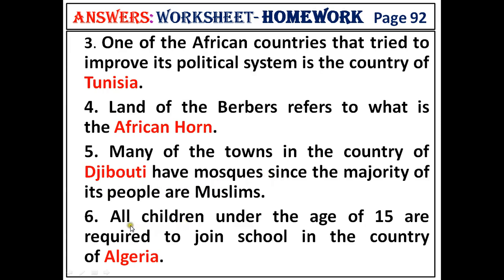This is the answer. The next is: all children under the age of 15 are required to join school in the country of Algeria. This was compulsory in Algeria, that children under the age of 15 have to join school. The name of the country is Algeria.